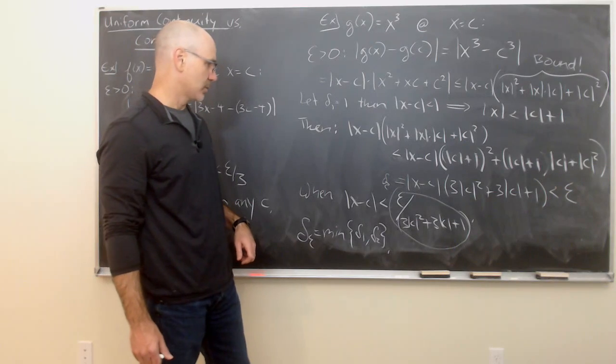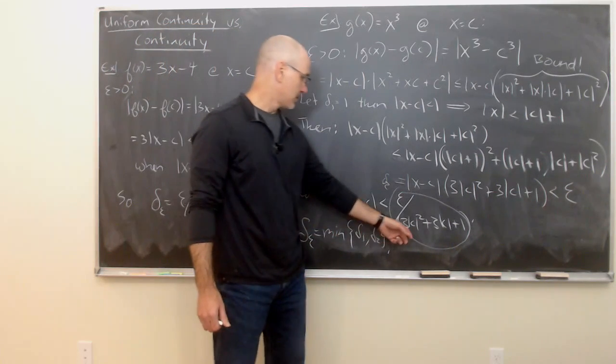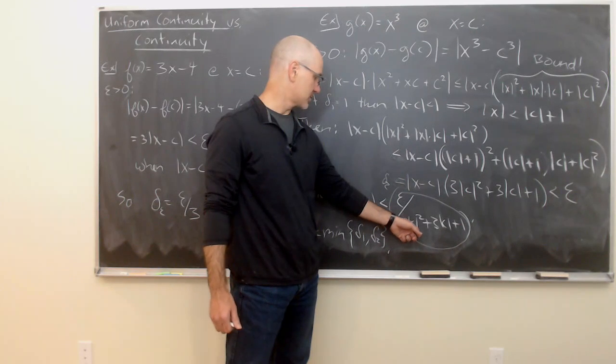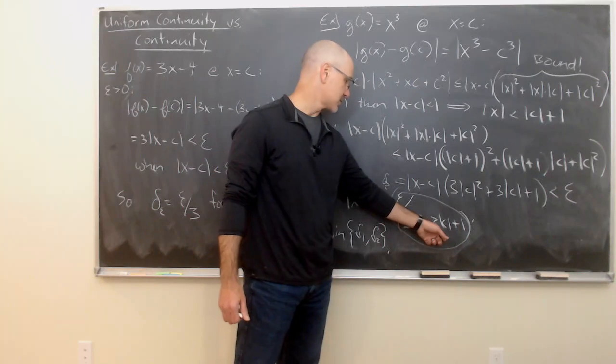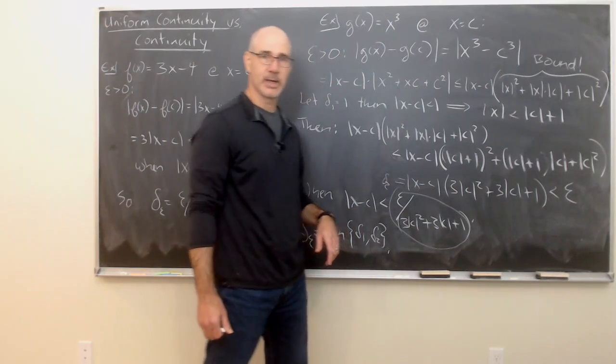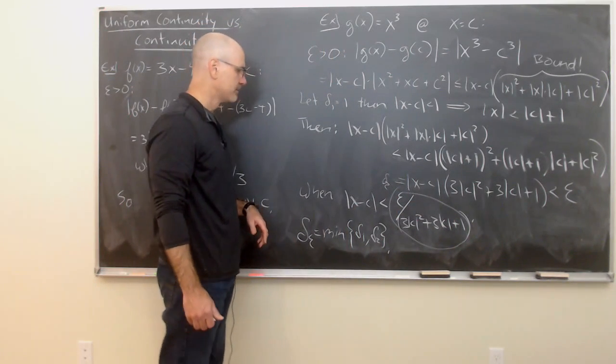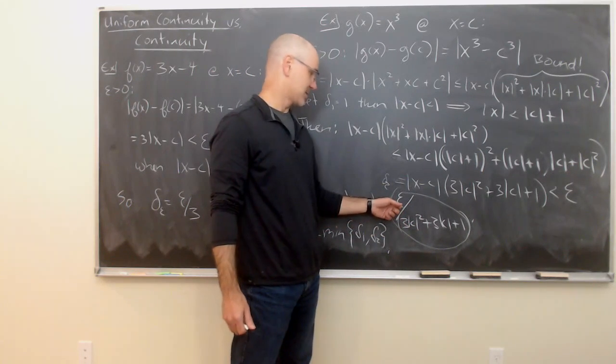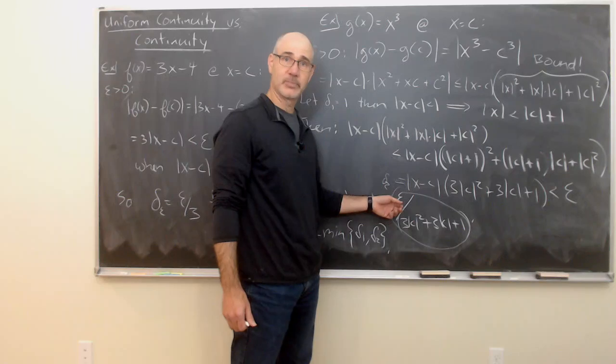But if c were 10, then I'd have to take a much smaller delta because this c squared would be 100, so I'd get 300 plus 30 plus 1, so roughly epsilon over 331. And you can see for a really big c like a trillion, delta has to be really, really, really small compared to the epsilon.